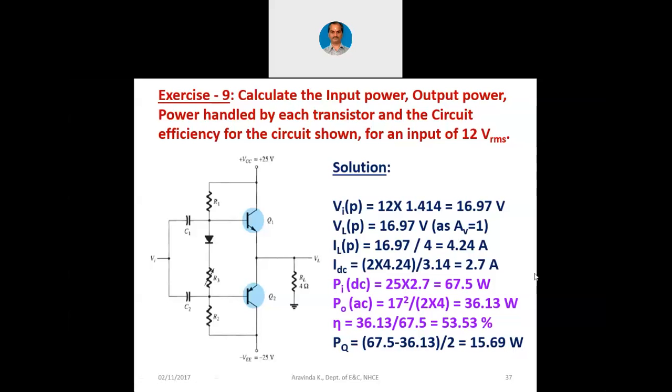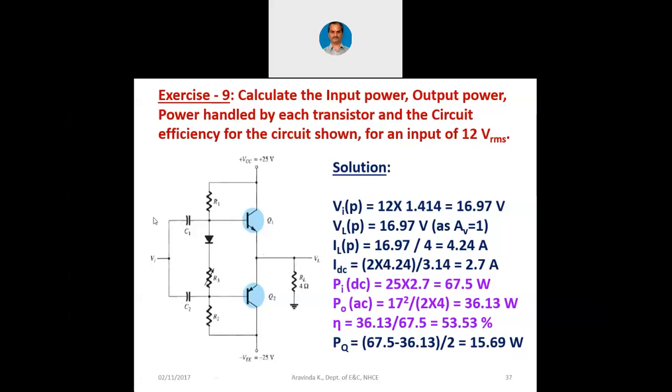Anybody can answer? Okay, nobody is responding. The answer is, this is an emitter follower circuit.